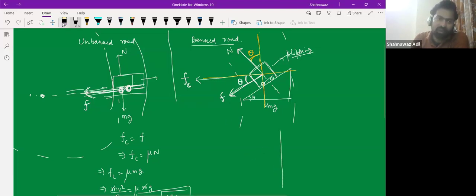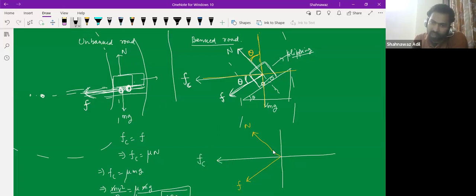Now let us write this clearly here. We have this vector and another vector. This is F, this is N, this is the centripetal force, this is theta, and this is mg.